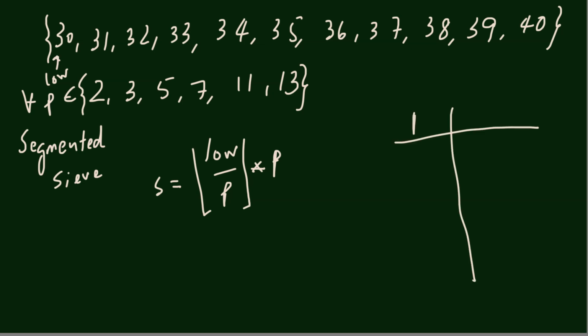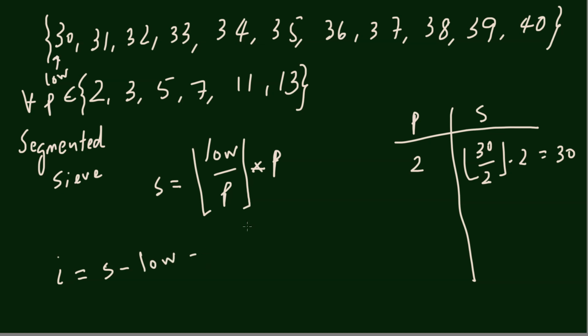So for p equal to 2, we get the start index of 30 by 2, which is 30. And then we start at an index I, which is basically s minus low. In this case, it's 30 minus 30, which is 0. So we start at the 0th index, and we increment I by the prime number.